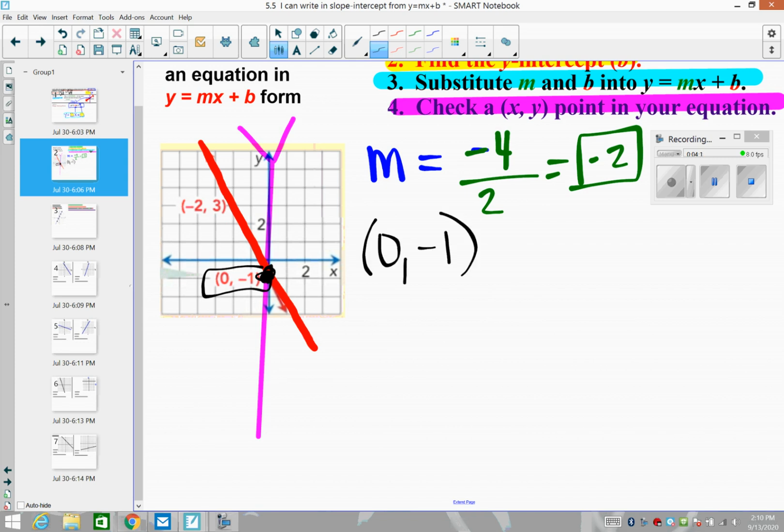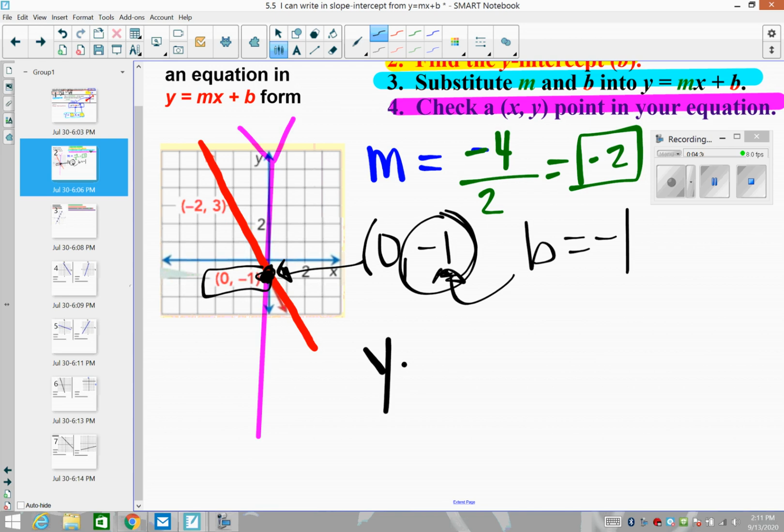I misspoke. 0, -1. So our b is always the y coordinate of that. So our b is equal to -1. The place where it intersects is right there, where the y-axis intersects our red line. We only take the y coordinate of that because it's always an x of 0 on the y-axis. So the very last step then is to substitute in.